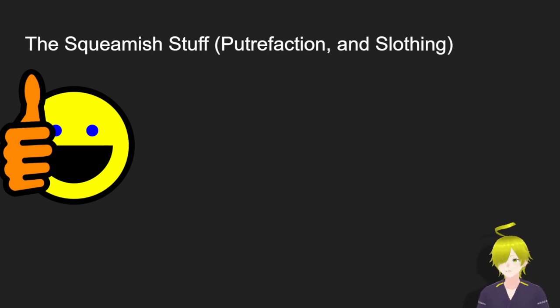Anyways, putrefaction. This happens because the bacteria in your gut are still producing gases the entire time. Usually we filter it out via our lungs and breathing it out. No lungs means the gas can just build up by itself.